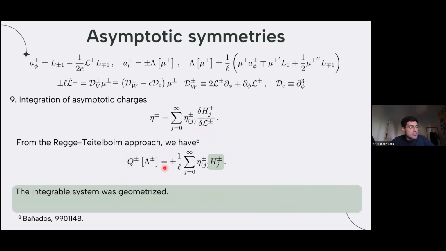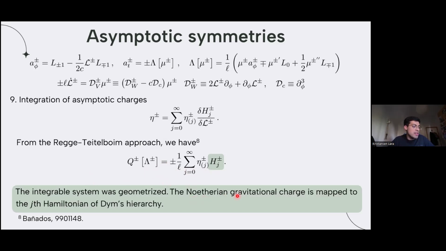And this gravitational charge is the one that generates gauge transformations, improper gauge transformations, the one that gives you the infinitesimal symmetry from Noether's theorem, such that you will be able to find the charge that you can see here. So this is the result. The integrable system was geometrized, and the Noetherian gravitational charge is mapped to the J Hamiltonian of the dim hierarchy. That's the point.